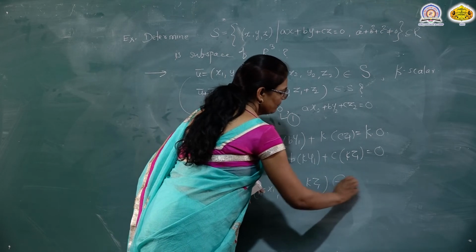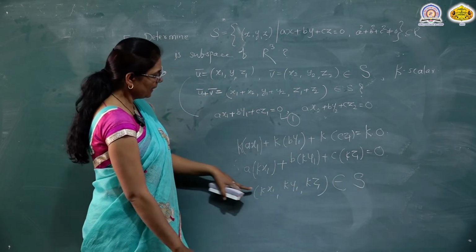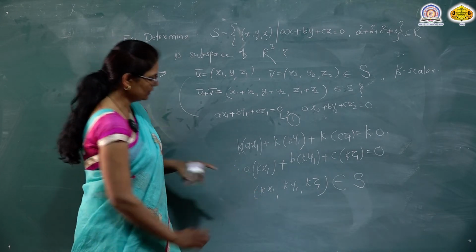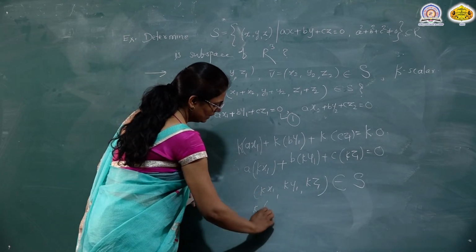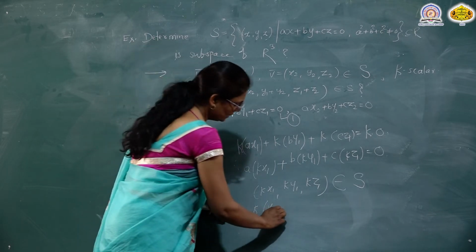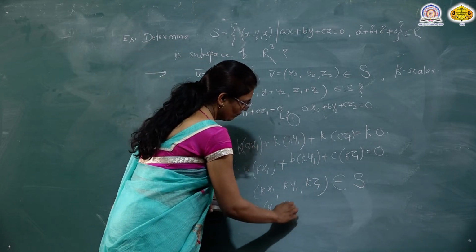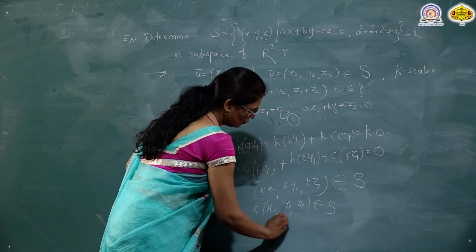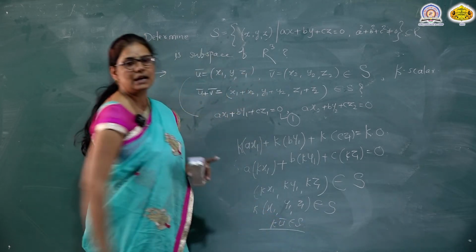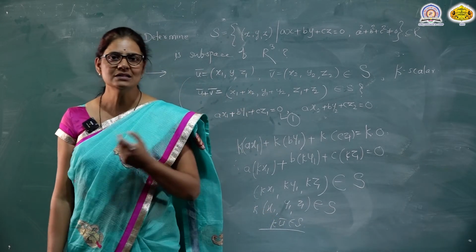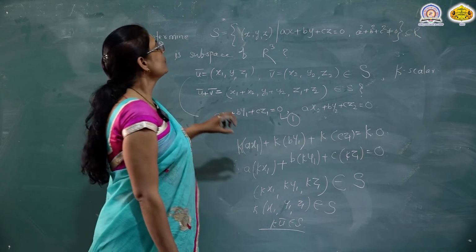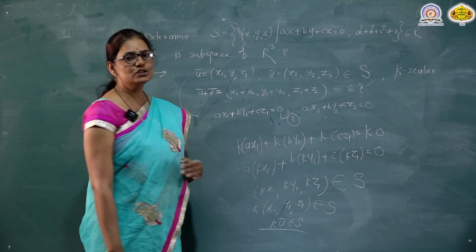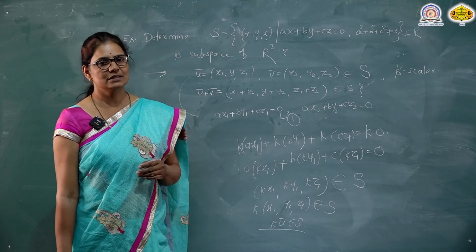That is, this triplet belongs to S. This is nothing but k u bar, because if I take k common, this can be written as k times x1, y1, z1, which belongs to S. That is, k u bar belongs to S. That is, S is closed for scalar multiplication. So S is closed for scalar multiplication as well as the addition of two vectors. So it is a subspace.